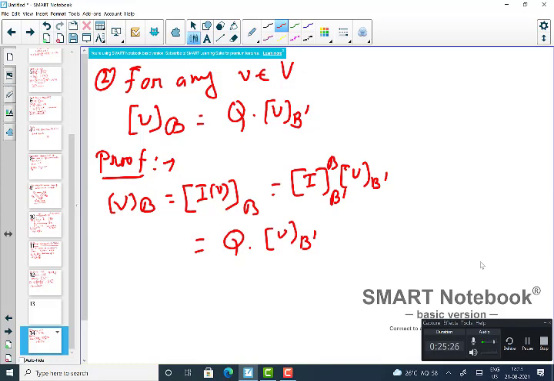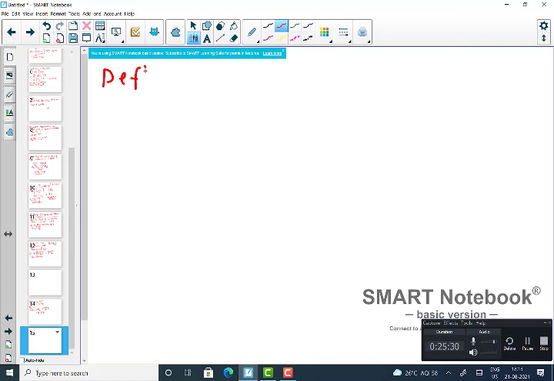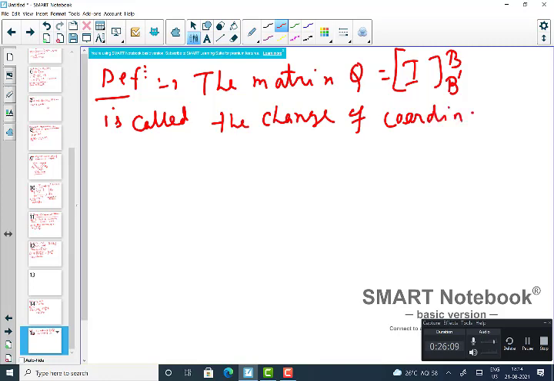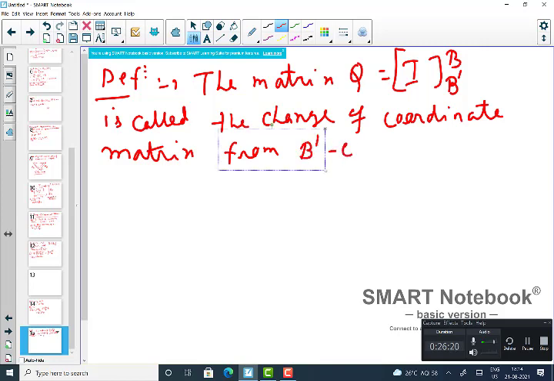So this is a very important thing, and let me define it properly. Definition: the matrix Q, which is of this form, I from B dash to B, is called the change of coordinate matrix from B dash coordinates to B coordinates.